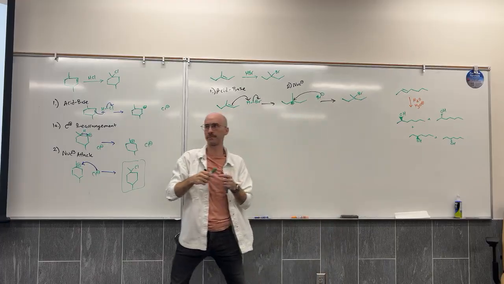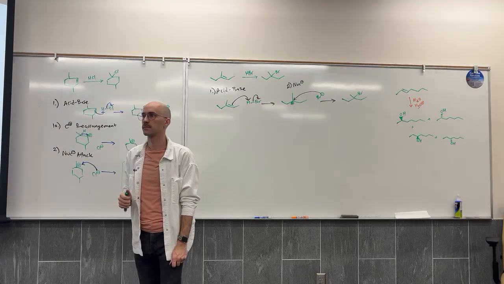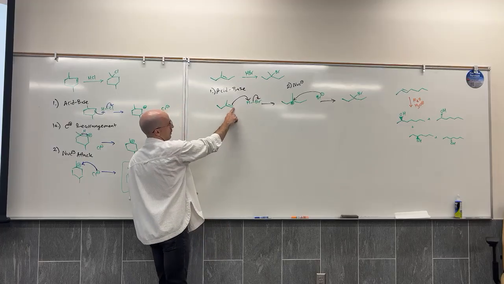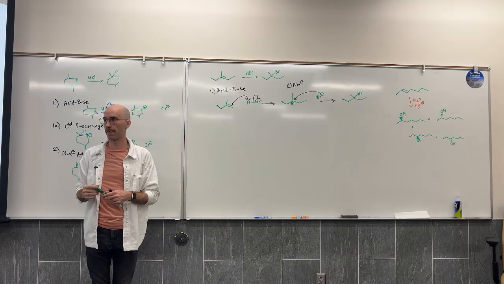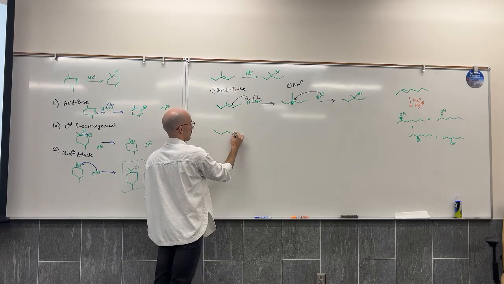Easy or hard? Easy. If the alkene on the starting material was terminal, would there be a carbocation rearrangement? I mean if it was on the last carbon.